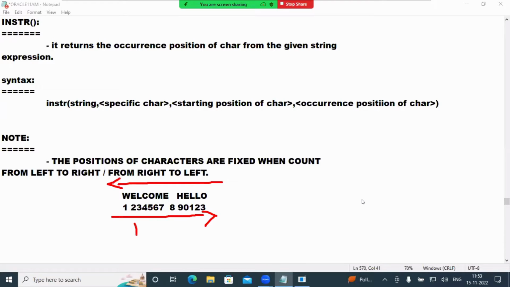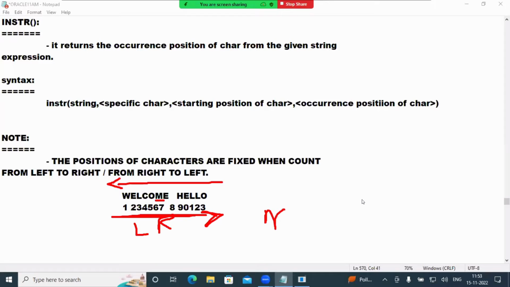If I'm counting from left to right and asking what the position number of M is, if you count left to right, which position? 1, 2, 3, 4, 5, sixth position.